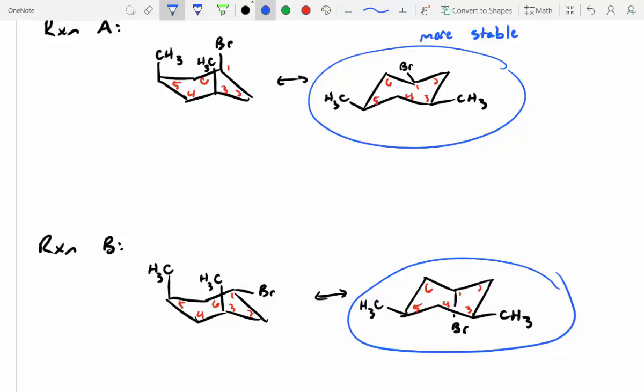All right, so this would be the one where they're all axial, right? You guys see that red position's bromine? Does it have an anticoplanar beta proton? Let me pull these groups off. What do you guys think?